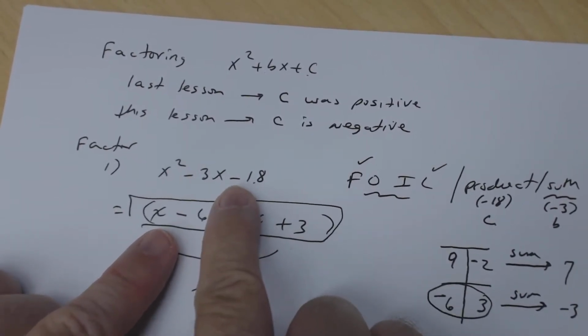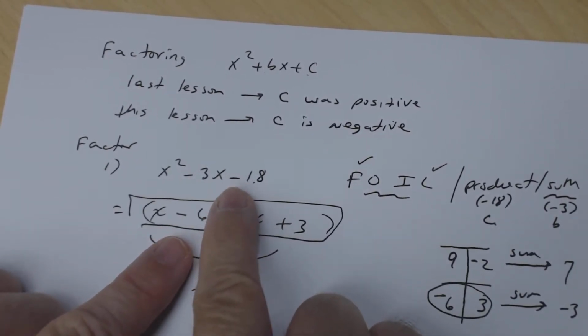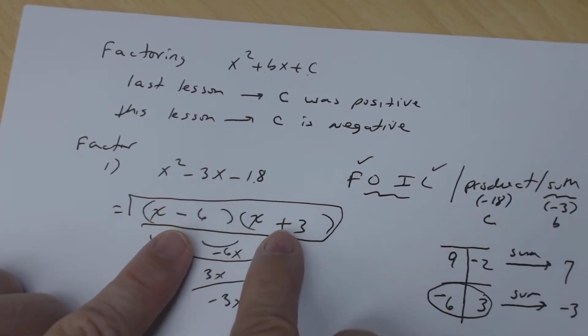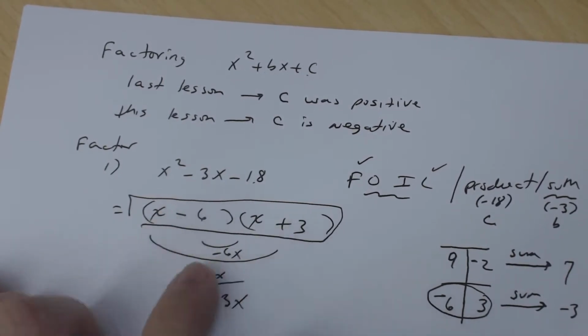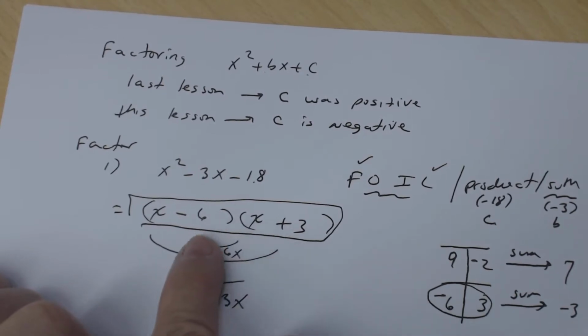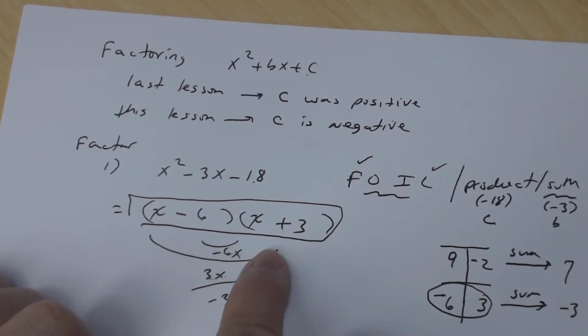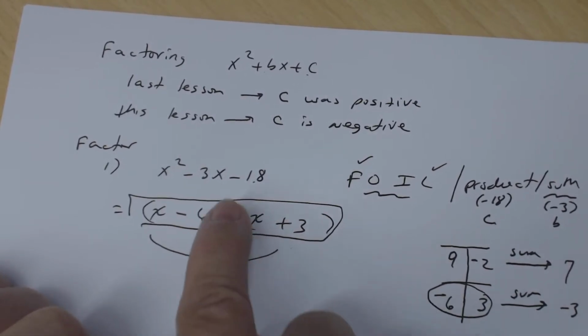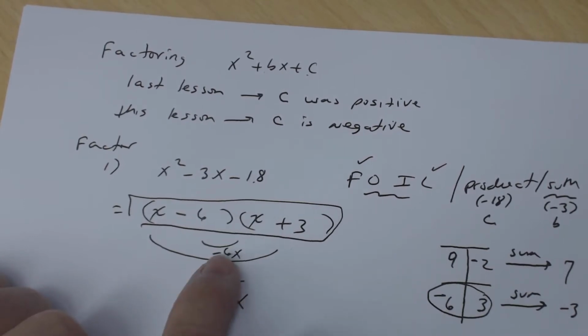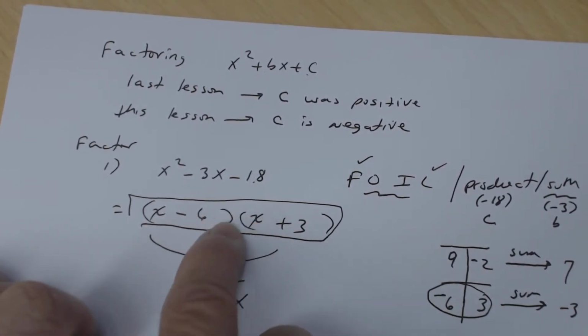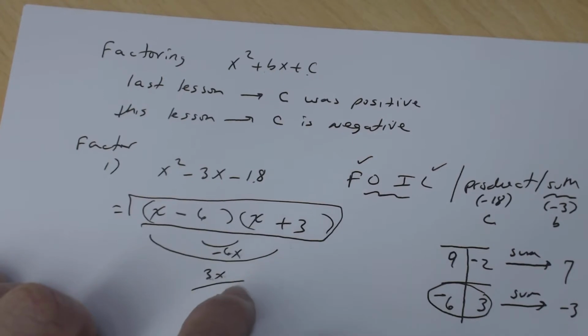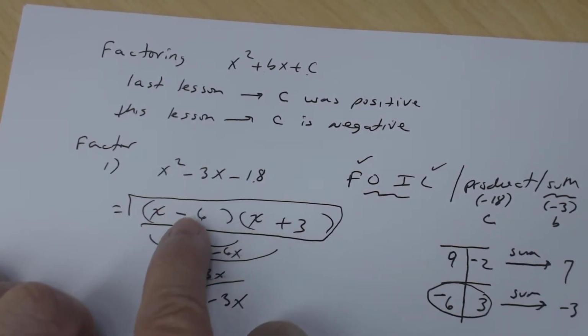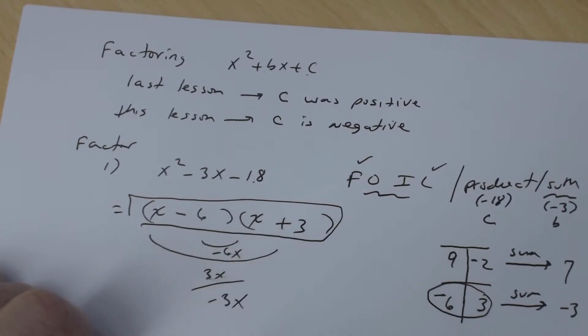If the last sign's negative, that means these signs in here are different. One's negative, one's positive. And the larger product, outer and inner, will take the middle sign. See how 6 times x is 6x, 3 times x is 3x, so I made 6x negative. So that meant that 6 had to be negative, 3 had to be positive.